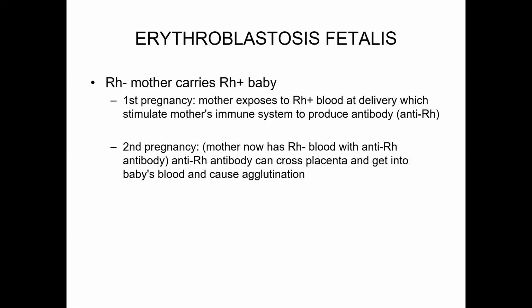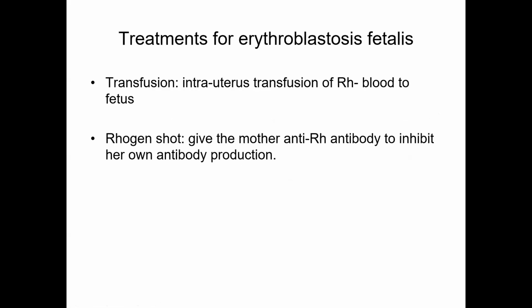To prevent that, the mother should be given artificial antibodies, called Rogan shots, high doses of anti-Rh antibodies. These antibodies cannot cross the placenta, and at the same time they inhibit the mother's own antibody production. In this way, the baby will be safe.